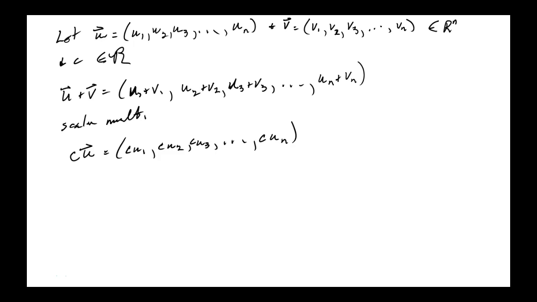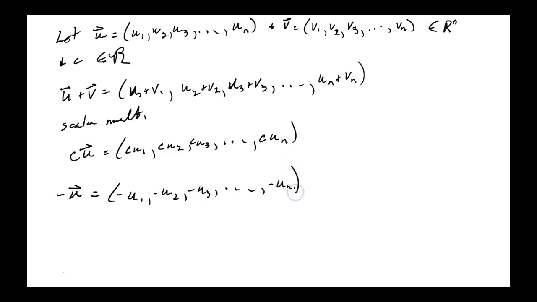As was true in 2 space, and certainly 3 space as well, you have a negative of a vector in Rn. This is not in the definition, this is something else. You can do negative u using that same definition, which would be minus u1, minus u2, minus u3, all the way up to and including minus u sub n.